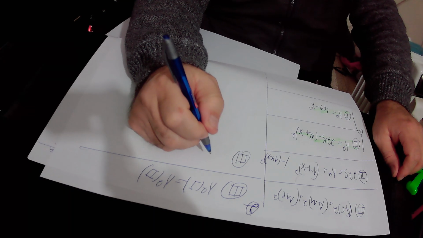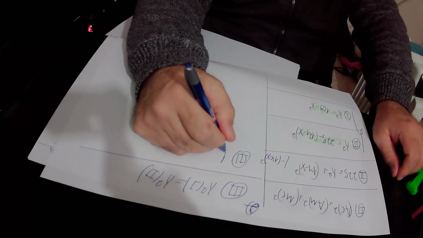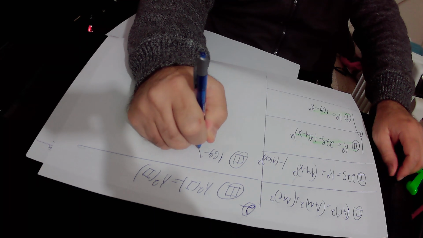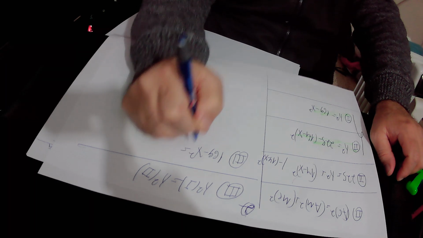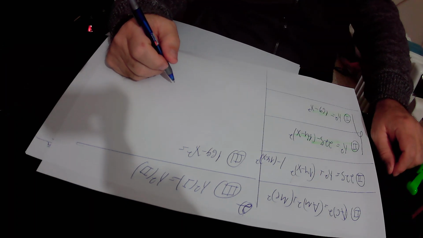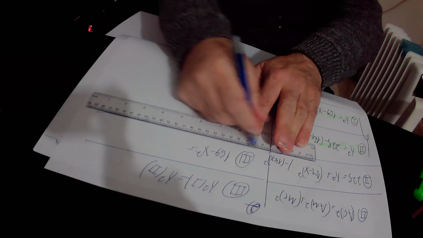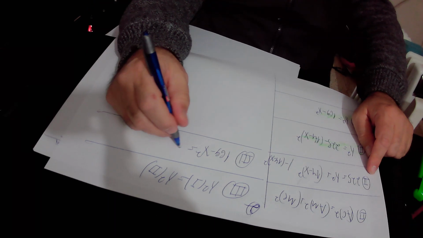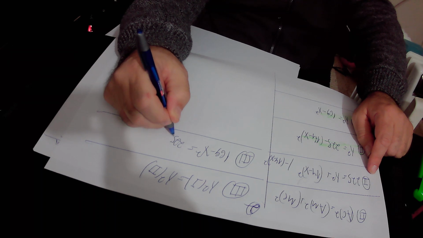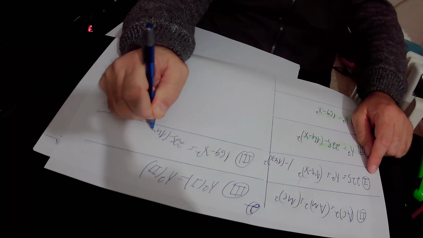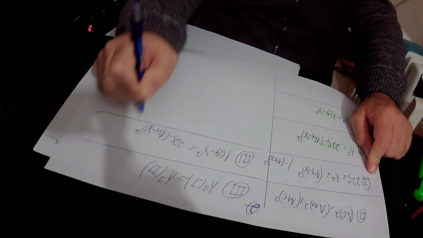So H squared according to equation number 1 equals 169 minus X squared, and it must be equal to H squared according to equation number 2, which equals 225 minus (14 minus X) squared.